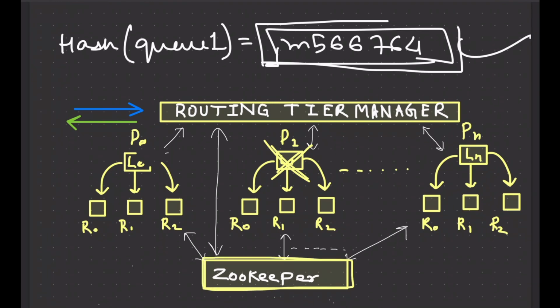One of the replicas, suppose replica 2, is going to get promoted as the leader of this particular partition. So this becomes the leader, and all the requests from now on would be sent to this particular leader which we have over here.